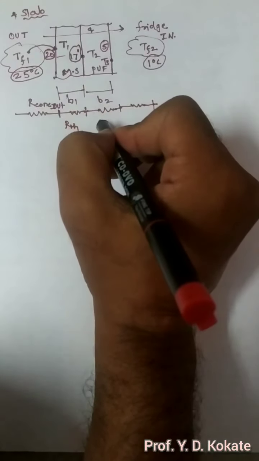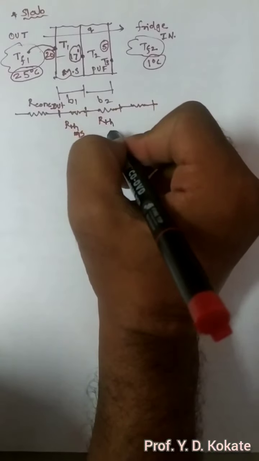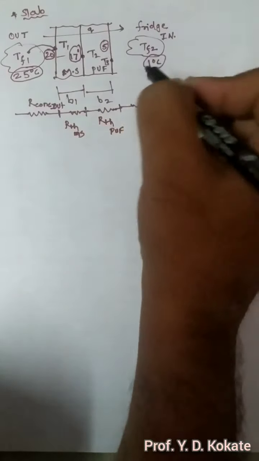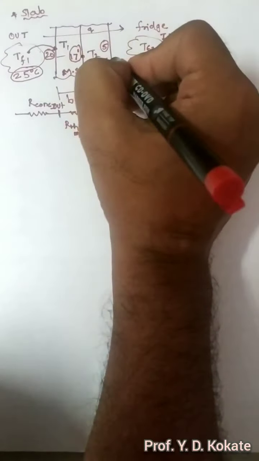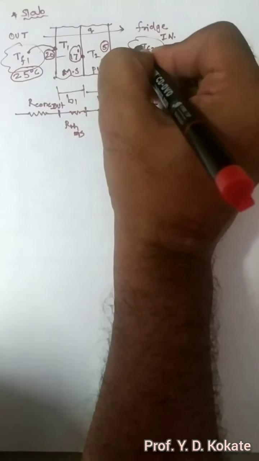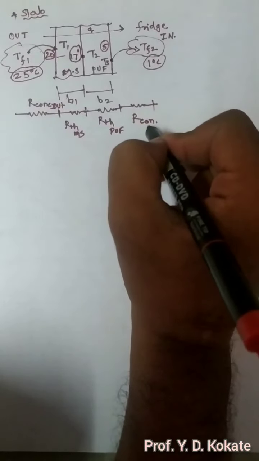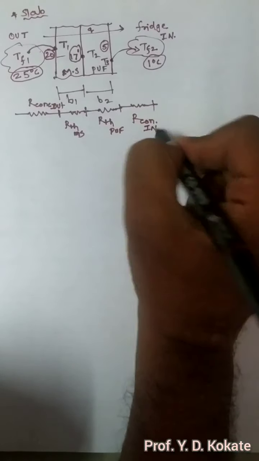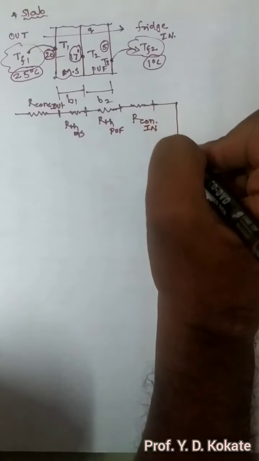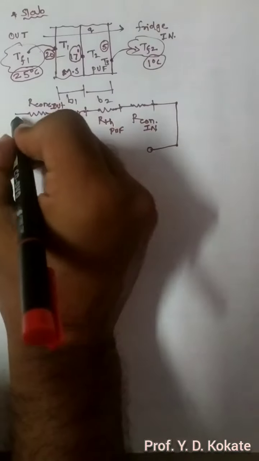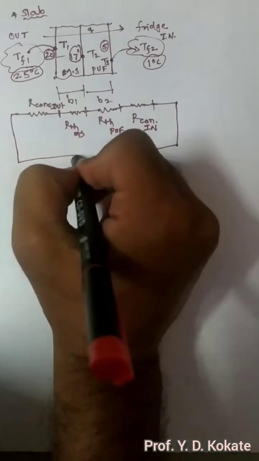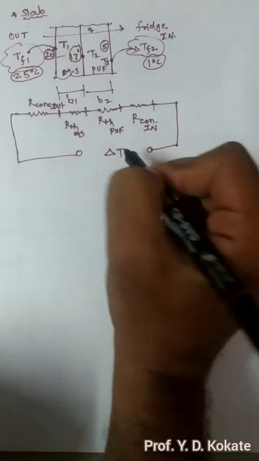This resistance is offered by the puff material, so I write it down as puff. Again from here heat gets transferred by convection, so I call it R convection in, and like this the circuit will be complete, and this is your delta T.